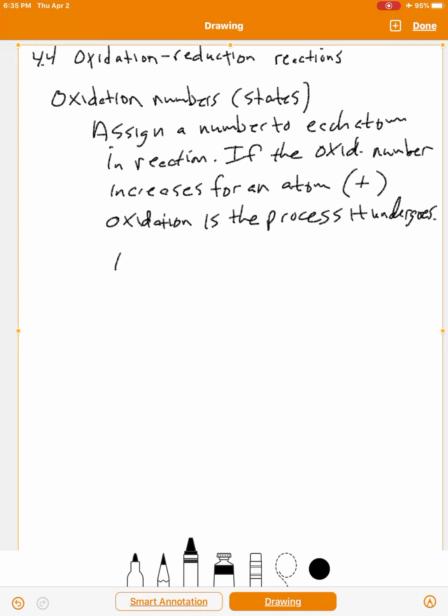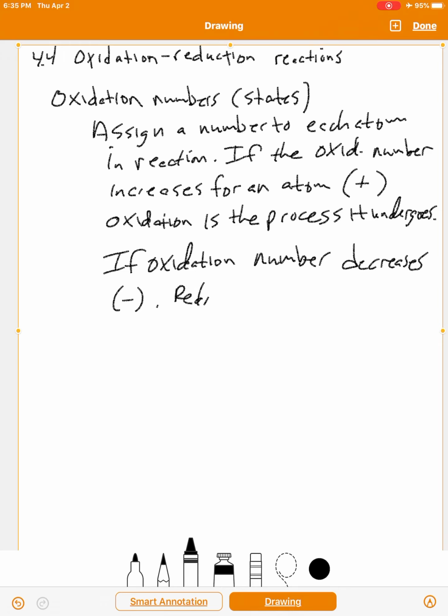And then the reverse of that would be if the oxidation number decreases, meaning it's becoming more negative, then reduction is the process it undergoes.